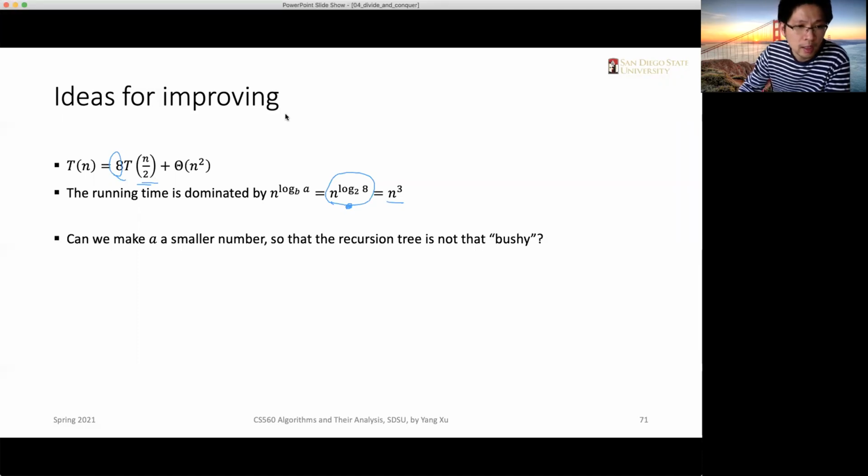So is there any chance that we can make the constant a in this case a smaller number so that the recursion tree can be less bushy, can have fewer branches, so that the algorithm can be further improved?